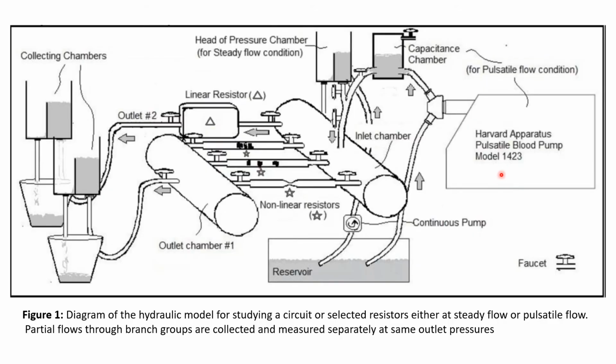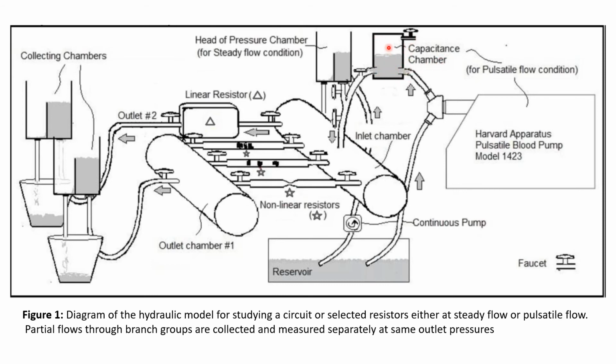So then this diagram of the circuit, where it could behave as a column drop, steady flow, or having a pulsatile blood pump of Harvard, and in the outlet I would put a chamber to emulate the elasticity of the artery.